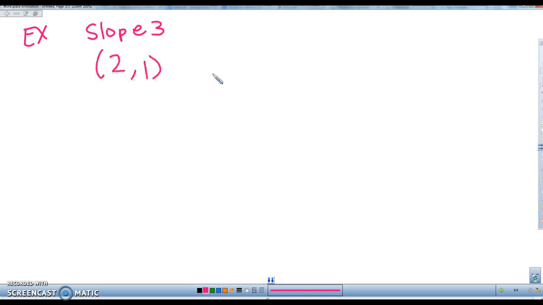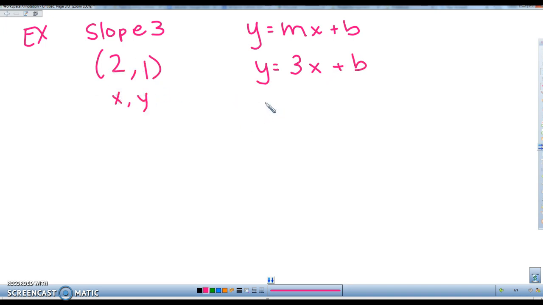So this one, we don't have any 0 in the x value, so we know that this is not the y-intercept. So we're going to actually have to do a little work. So we start with what we know, which is the equation, y equals mx plus b, and we plug in that we know the slope is 3. Then we say, okay, it passes through this point, (x, y), which we know is (2, 1), so let's plug in those values for x and y. y is 1 equals 3 times 2 plus b.